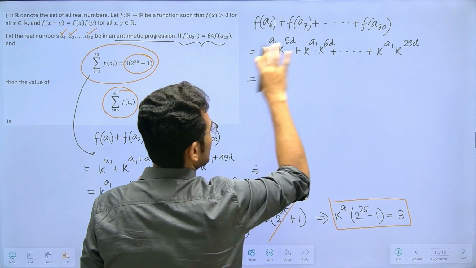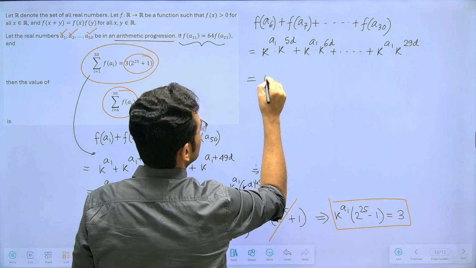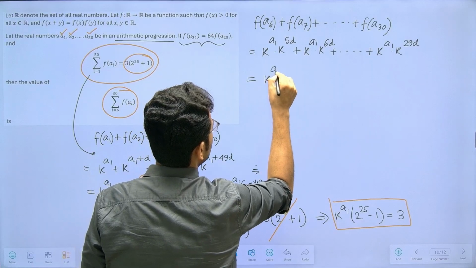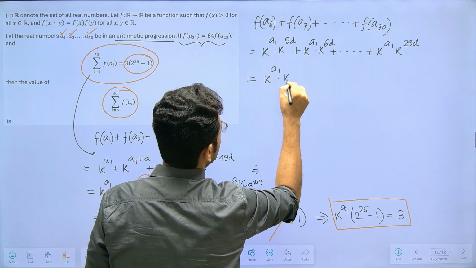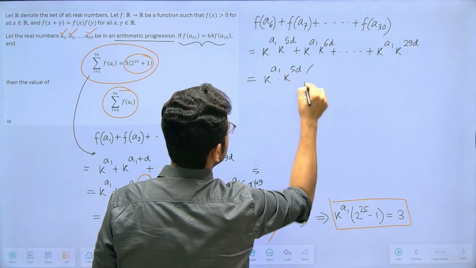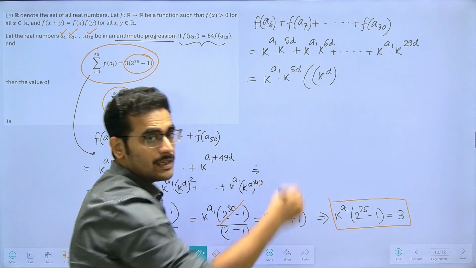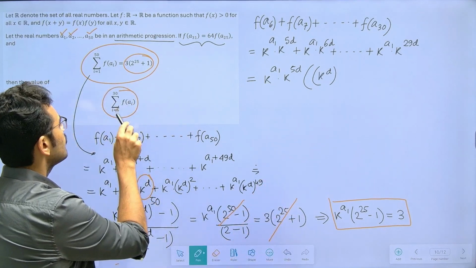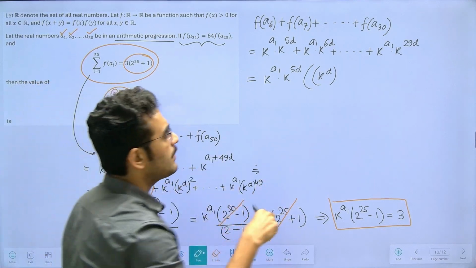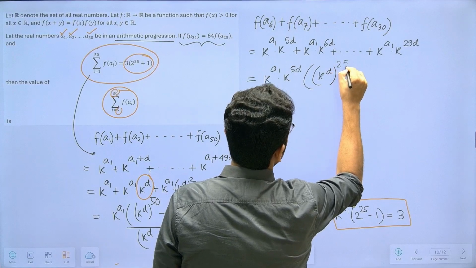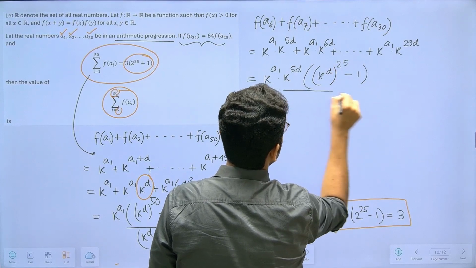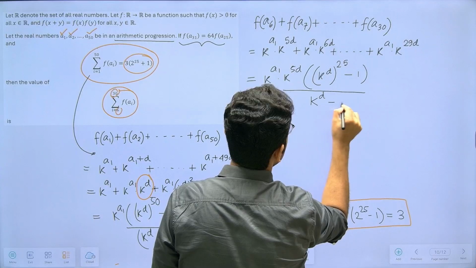So this is again a GP series. I can consider the first term to be k to the power a1 into k to the power 5d. This is the first term, into common ratio k to the power d to the power number of terms. How many terms are there? From 6 to 30, total 25 terms are there. So 25 minus 1 divided by k to the power d minus 1.